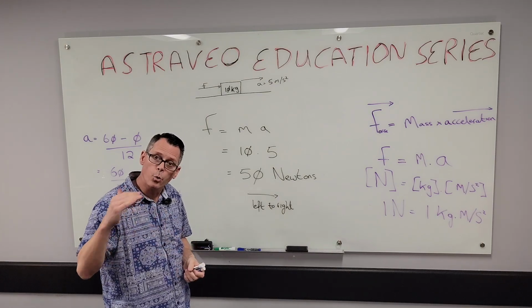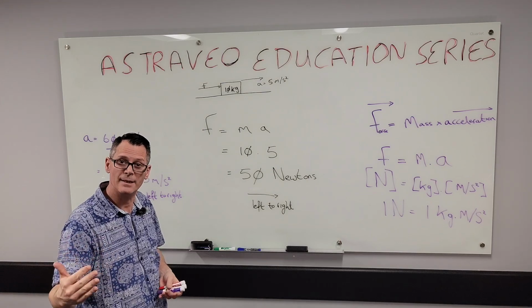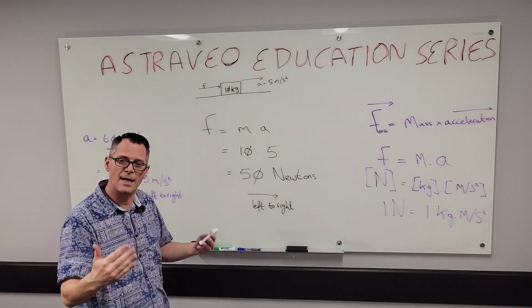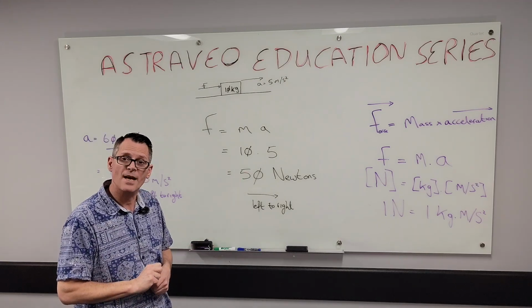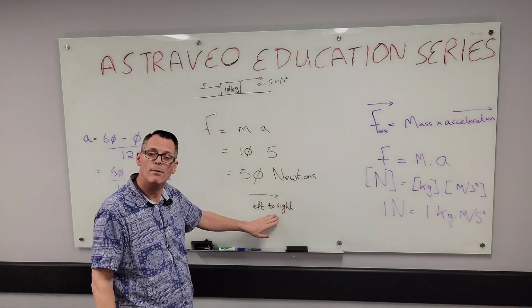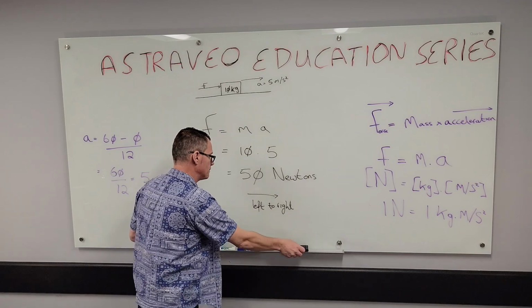We've turned a wordy question, which was perhaps difficult to understand in the beginning, into simple calculations as we went along, just by understanding what the question was asking us. We've been able to apply Newton's second law, getting our units correct and getting our vector correct, because the force is a vector. So that's really nice.